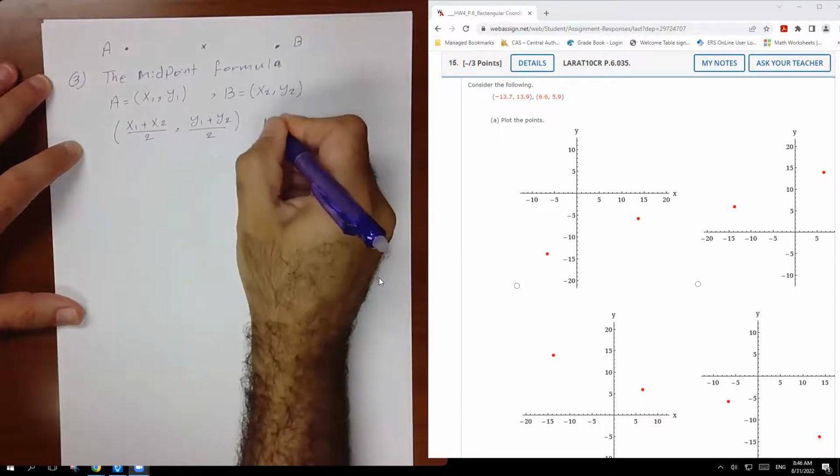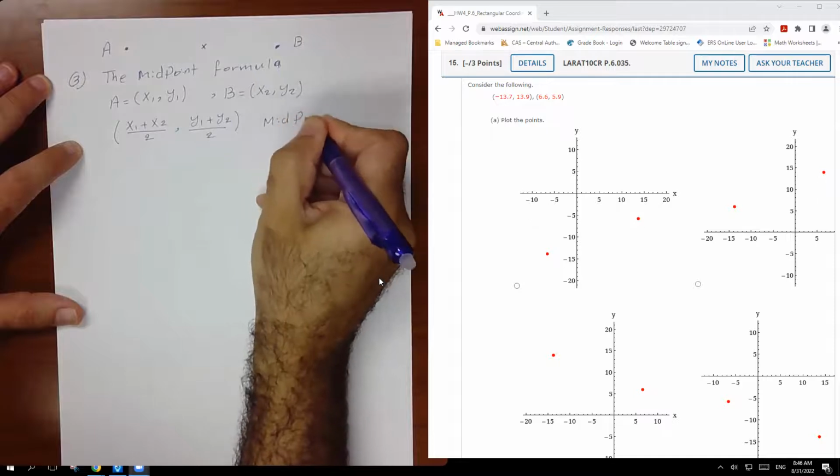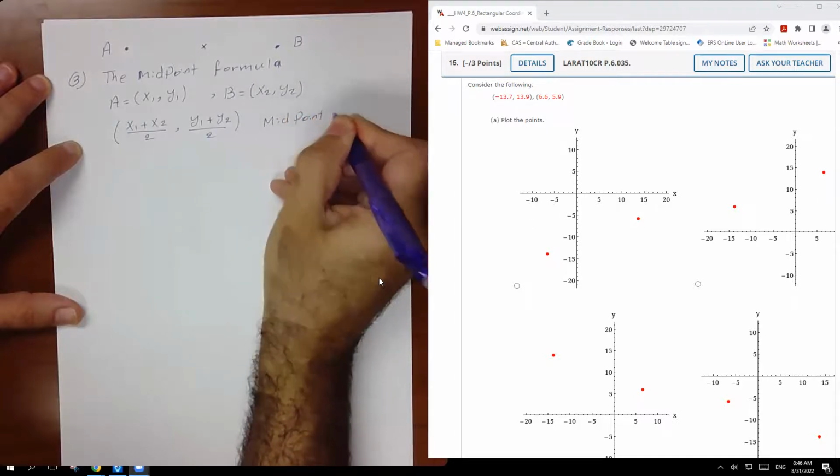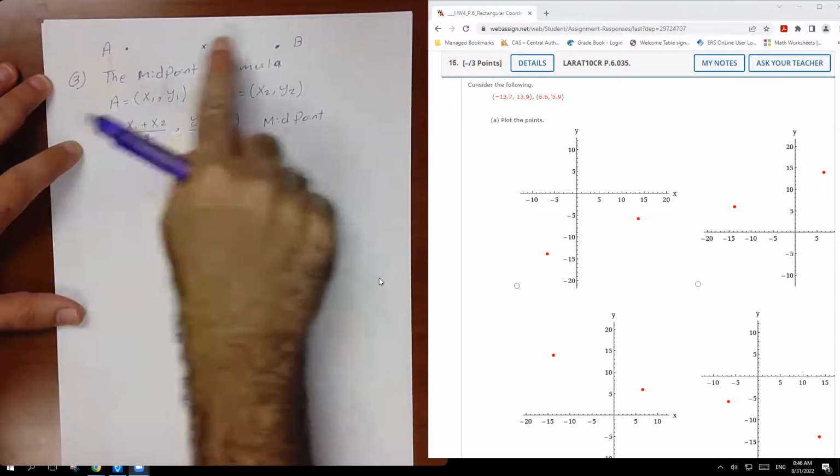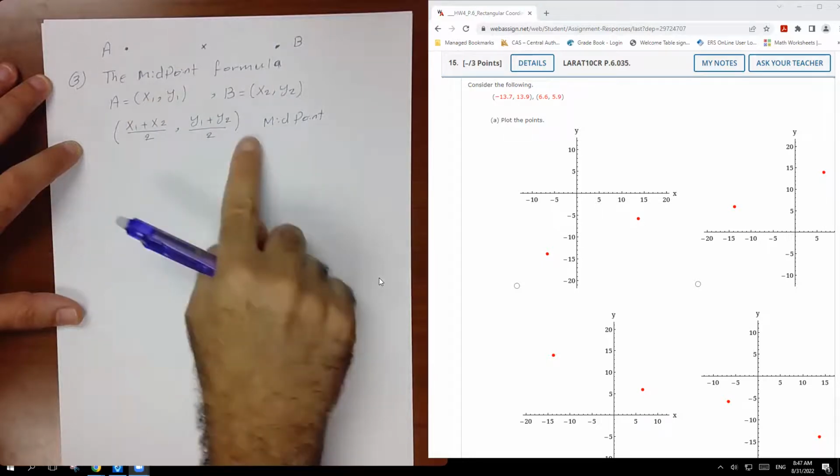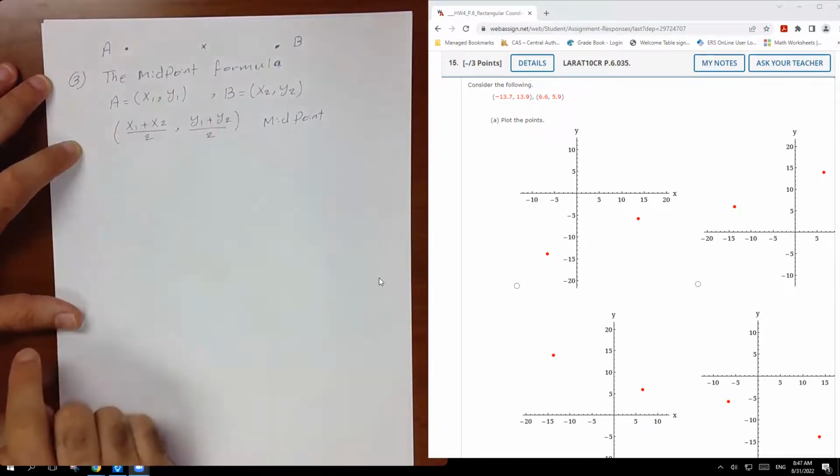So this is the midpoint between A and B. You're going to get a new coordinate for the X and Y.